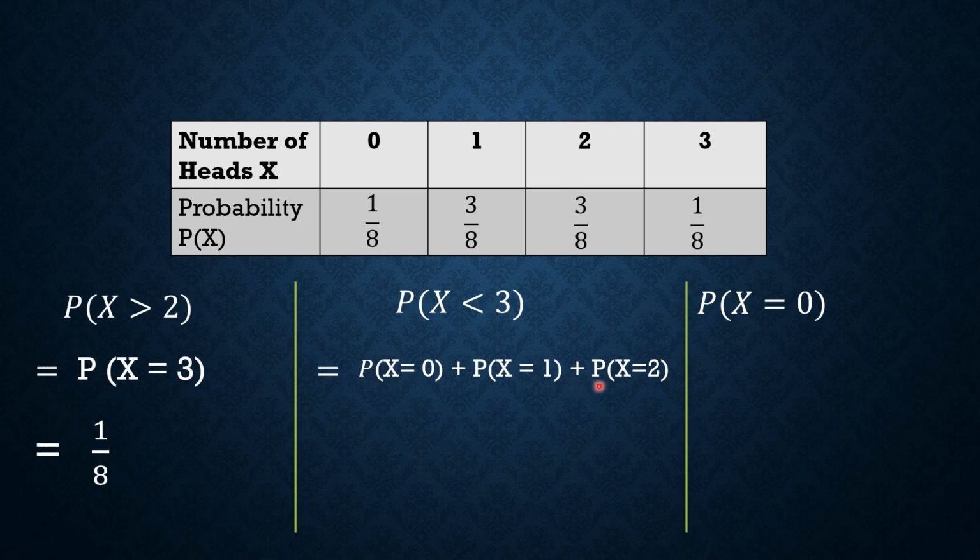So when we add these probabilities, yun na yung probability of the random variable x that is less than 3. So we have 1/8 plus 3/8 and then plus 3/8 again, and that gives us 7/8. And last, the probability that the random variable x is 0 is definitely equal to 1/8.